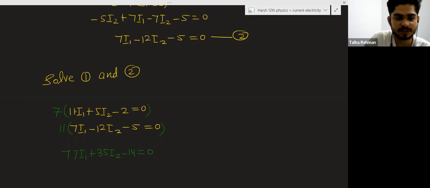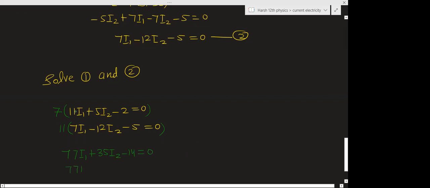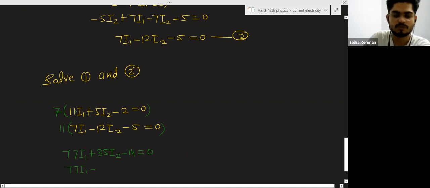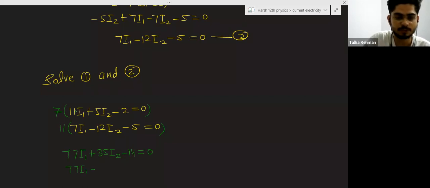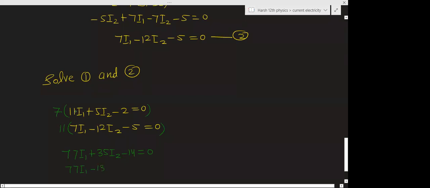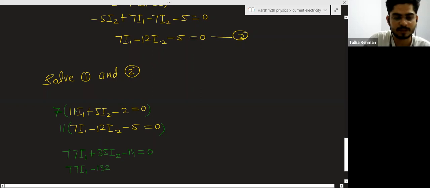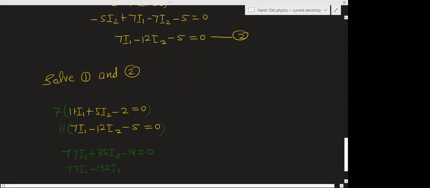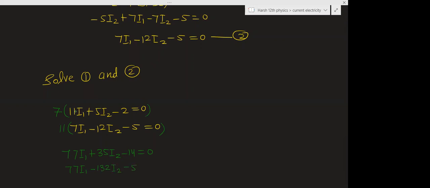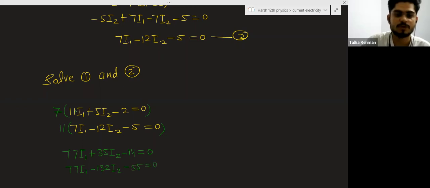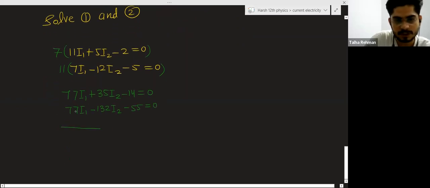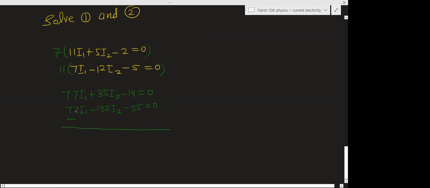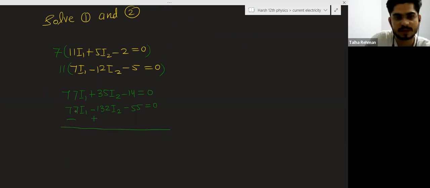And for the second equation I can write 77 I1 minus 12 into 11. Can you multiply it? You will get 132 I2 minus 55 equal to 0. Now you will subtract both the equations. The 77 I1 terms will cancel out.